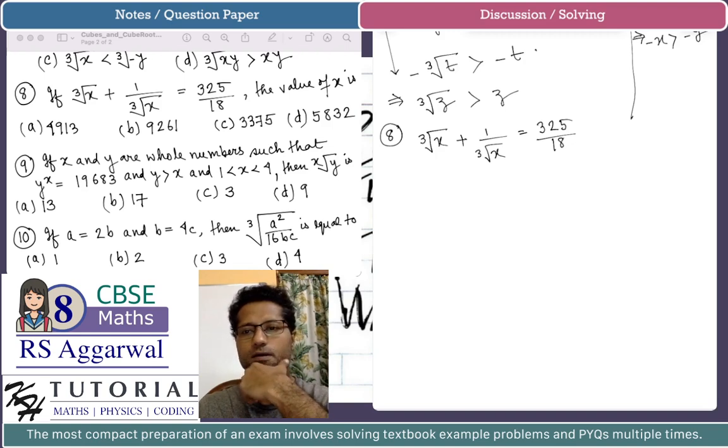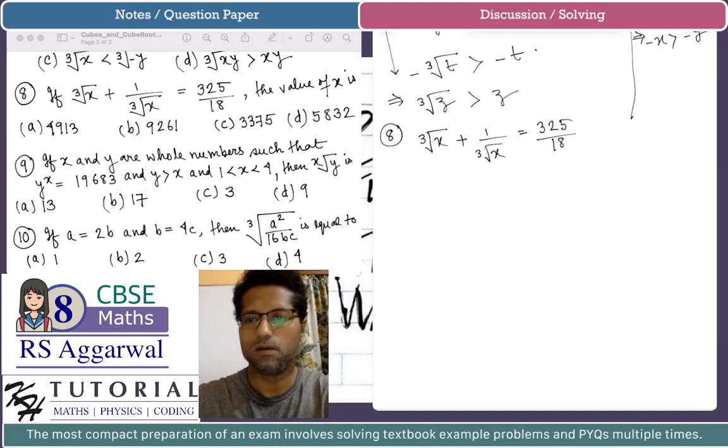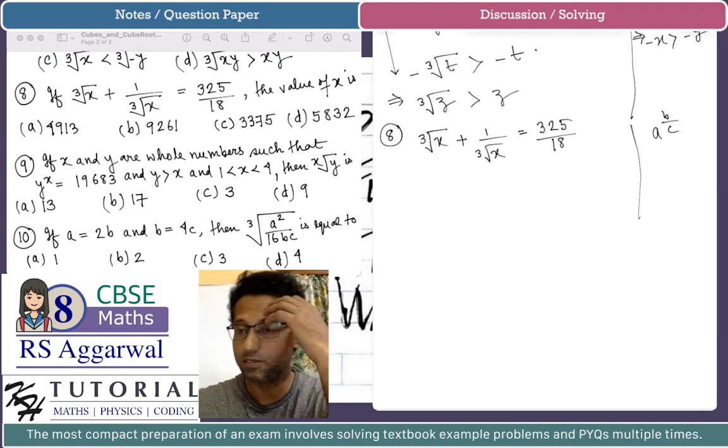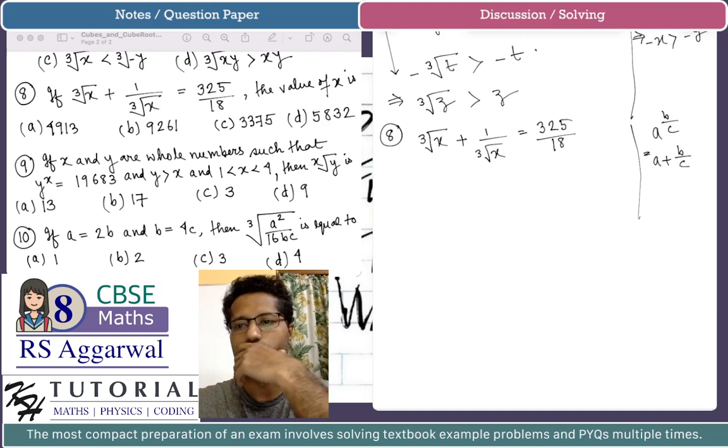We know that an improper fraction can be expressed as a mixed fraction. A mixed fraction is like a and b by c, where b by c is a proper fraction and a is a whole number. This is basically a plus b by c.